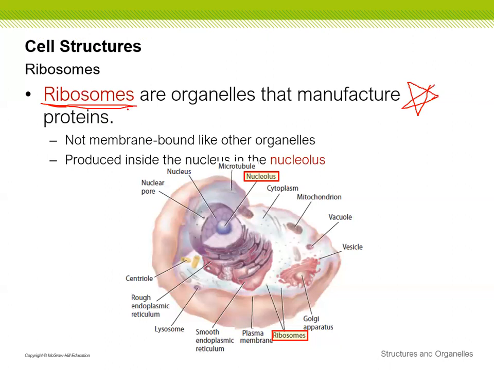So ribosomes are also produced inside the nucleus. The big thing here is that ribosomes are what manufacture those proteins.